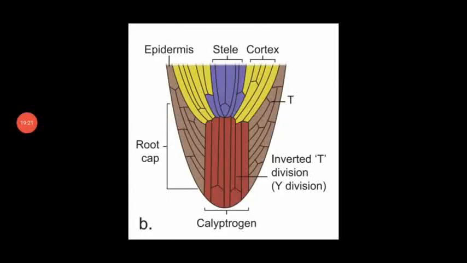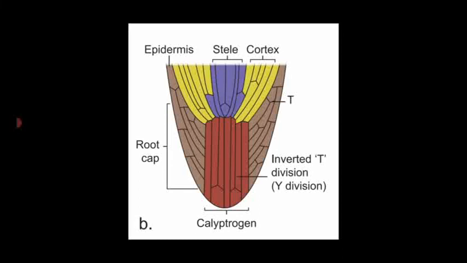Dear students, see the diagram. This is the Korper-Kappe theory. It consists of 2 divisions, an inverted T division and a straight T division. Korper is said to be the division that forms the body. So it forms the body, which means epidermis, stele and cortex.